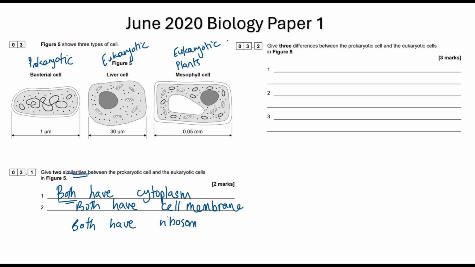And now they want 3 differences. Do you see how repetitive these questions are amongst those papers? So 3 differences, make sure you give both sentences. For example, prokaryotic cells are smaller than eukaryotic.